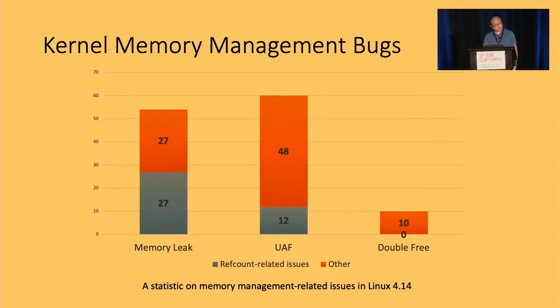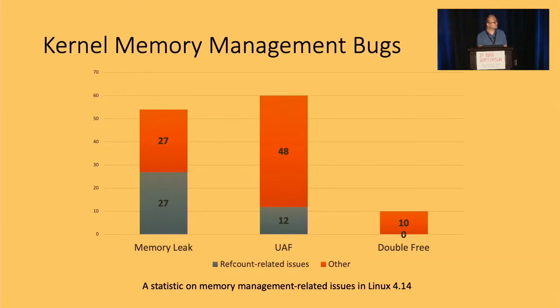But unfortunately, these reference counters are not, like smart pointers, automatically increased or decreased by the compilers. So they are still managed by developers, and when developers make a mistake, we can still have these memory management bugs. As we can see here, there is still a significant portion of bugs caused by reference count related bugs.